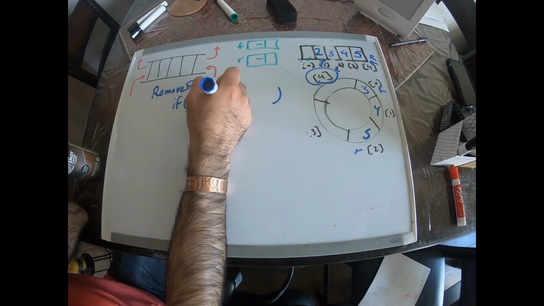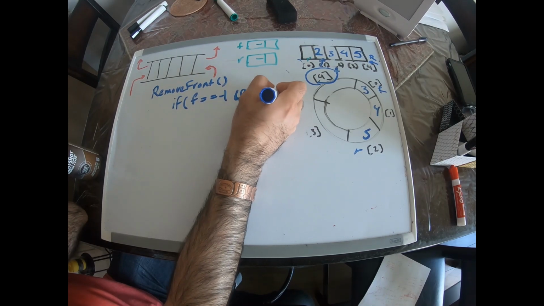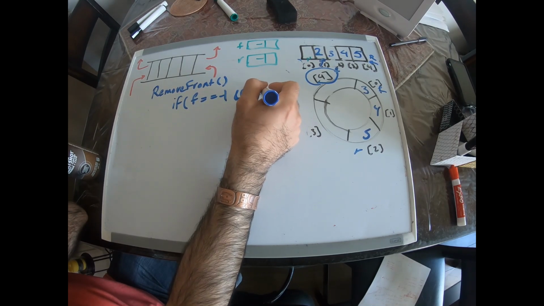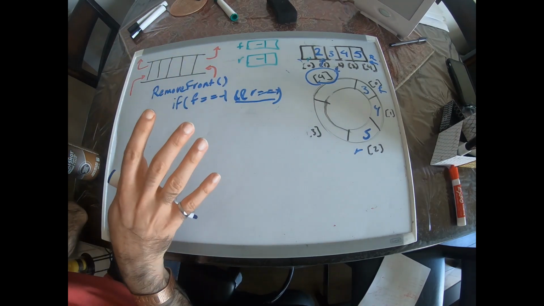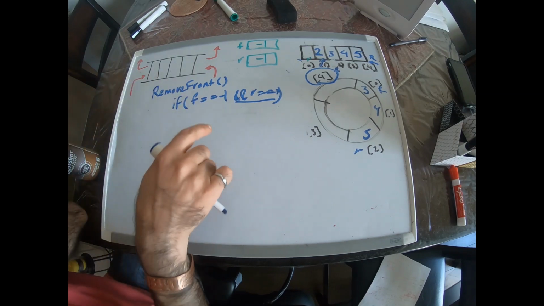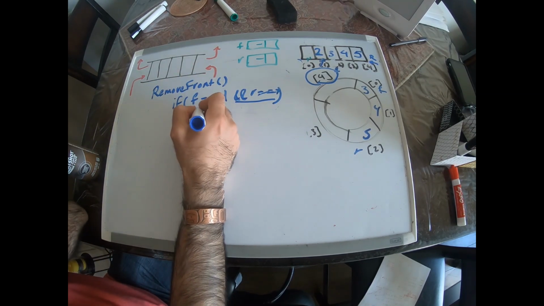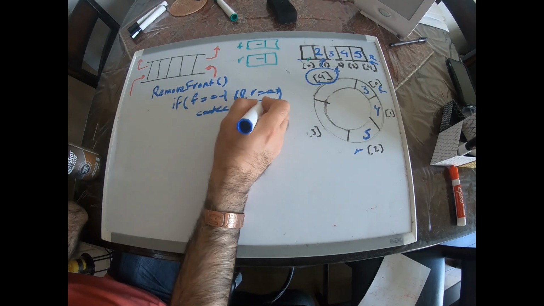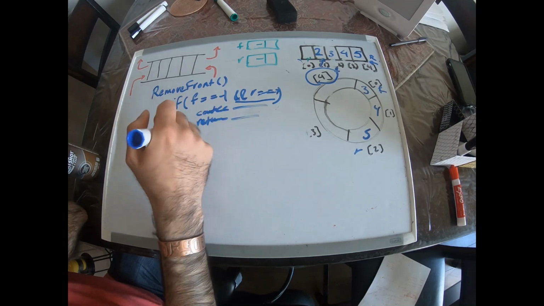If front is equal -1 and rear is equal -1. Again, I'm going to emphasize that this is optional. If you implement your methods properly, this one is going to be sufficient. If that's the case, print out something and you can just return or throw an exception.